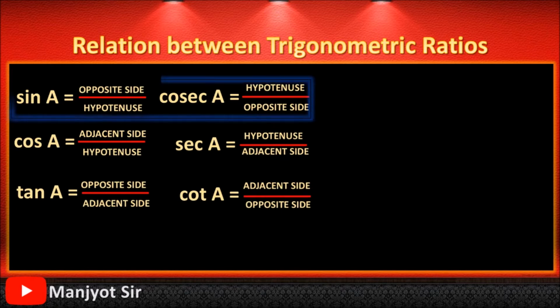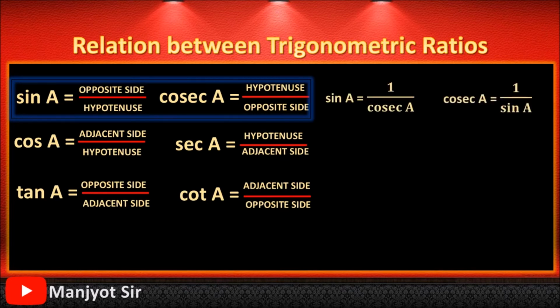Now students, if you observe the first pair, sine and cosec, if we flipped sine, we got cosec. That means sine is reciprocal of cosec and cosec is reciprocal of sine. That means if sine is opposite upon hypotenuse, cosec was hypotenuse upon opposite. That means we can say that sine is equal to 1 upon cosec and cosec is equal to 1 upon sine.